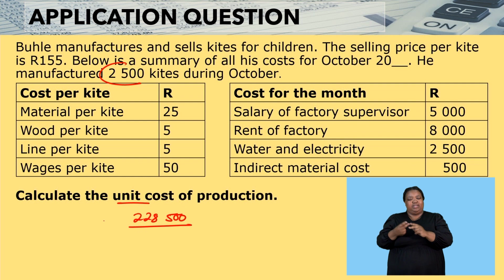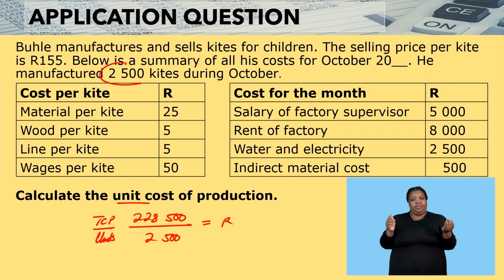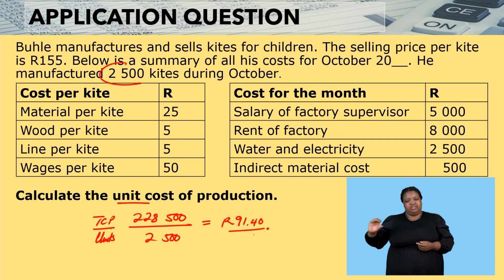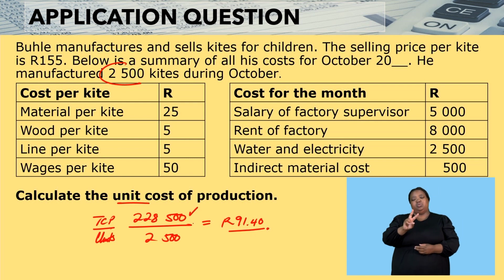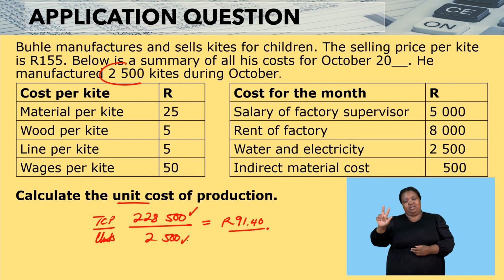So we say the total cost of production, we divide it by the number of units, which is 2,500 units. This is going to give us 91 rands 40 cents. When we take our 228,500 divided by 2,500, it gives us 91 rand 40.